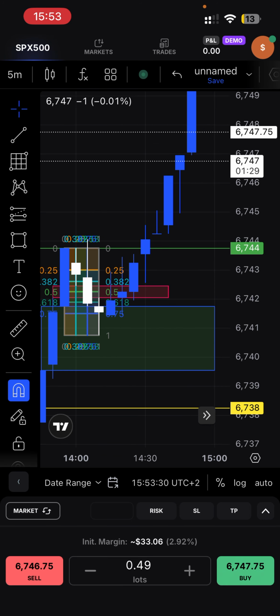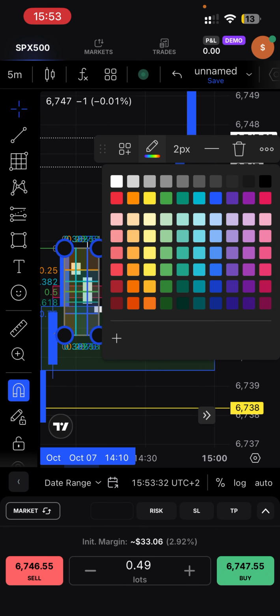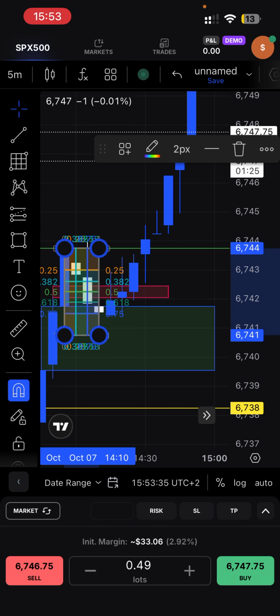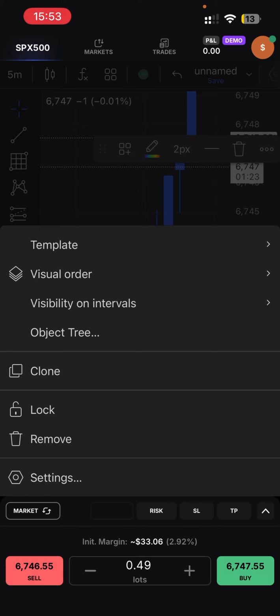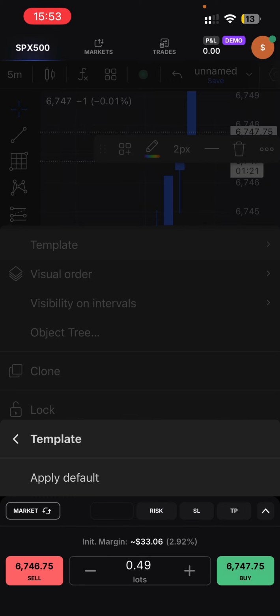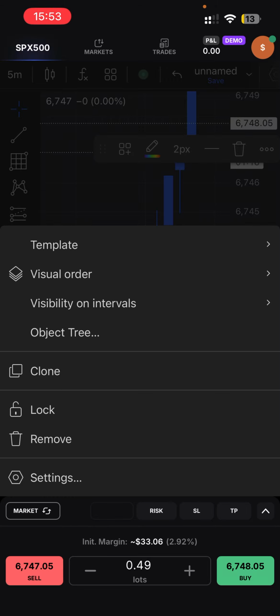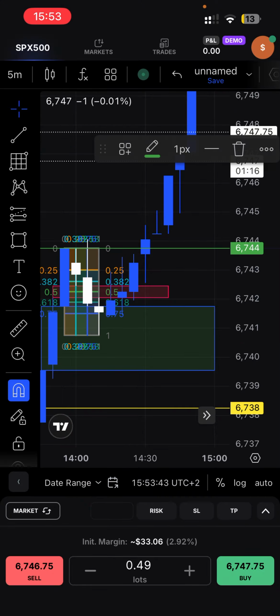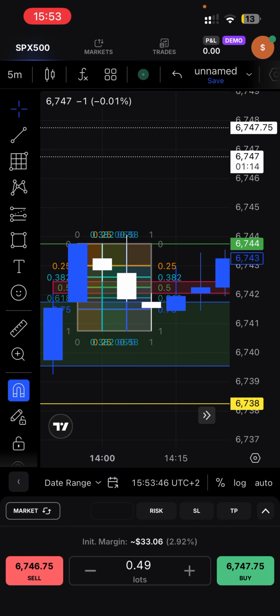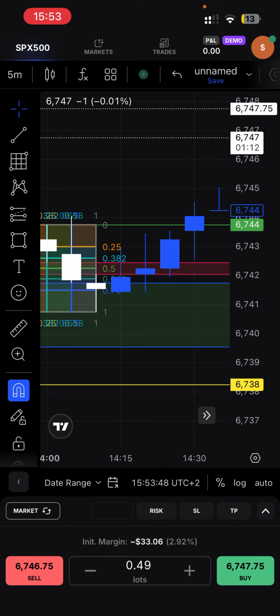But yeah, the 0.5 would be. Can I mod this right now? Template? No, whatever. Just act like you only see the 0.5 line on this.